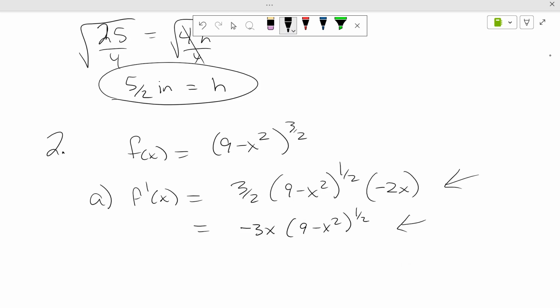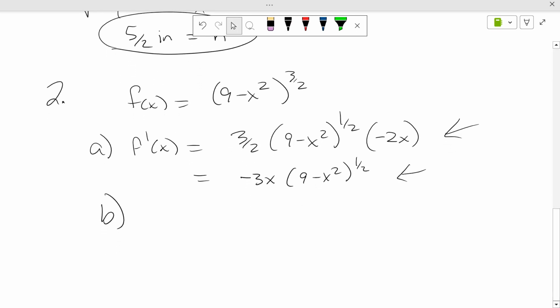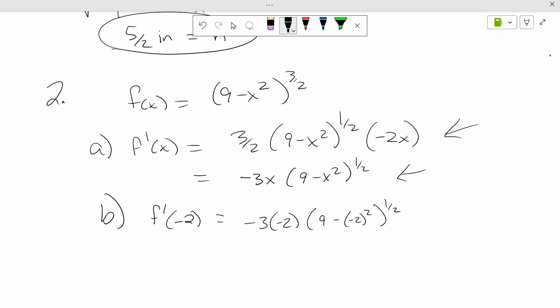Okay? B. Write an equation for the tangent line at x equals negative 2. So you find the first derivative at negative 2, which is negative 3 times negative 2 times 9 minus negative 2 squared to the 1/2 power.